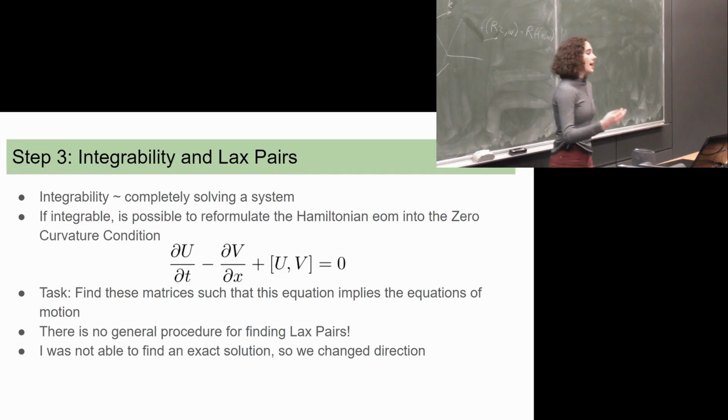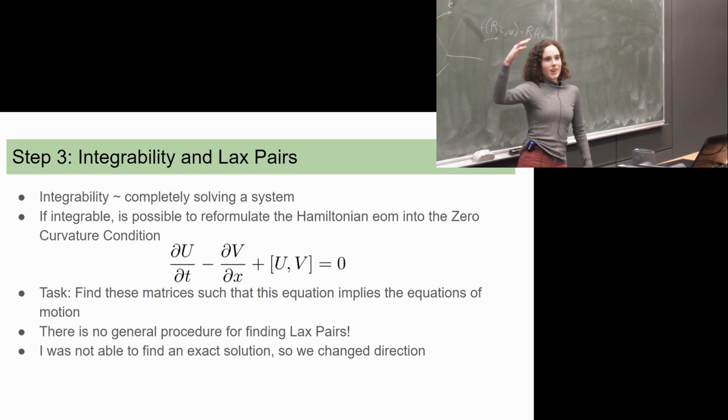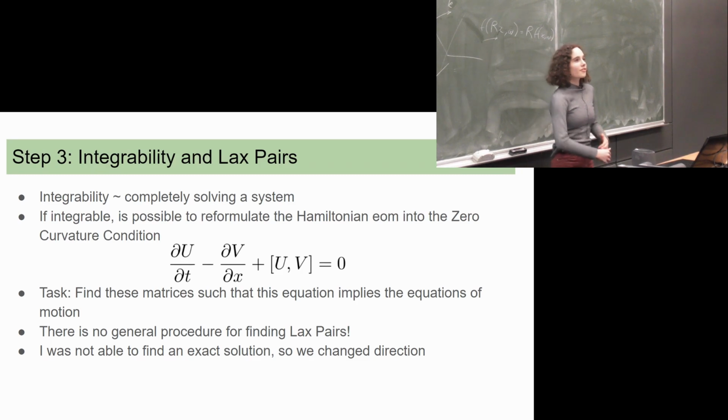But also, you can actually find all of your conserved charges and currents within this, at least this U, I think. Maybe it's V. I don't remember even now. But in one of them, you can. And so the idea is that in at least a field theory, this will give you an infinite tower of conserved charges, which is roughly equal to the infinite amount of degrees of freedom in a field theory.